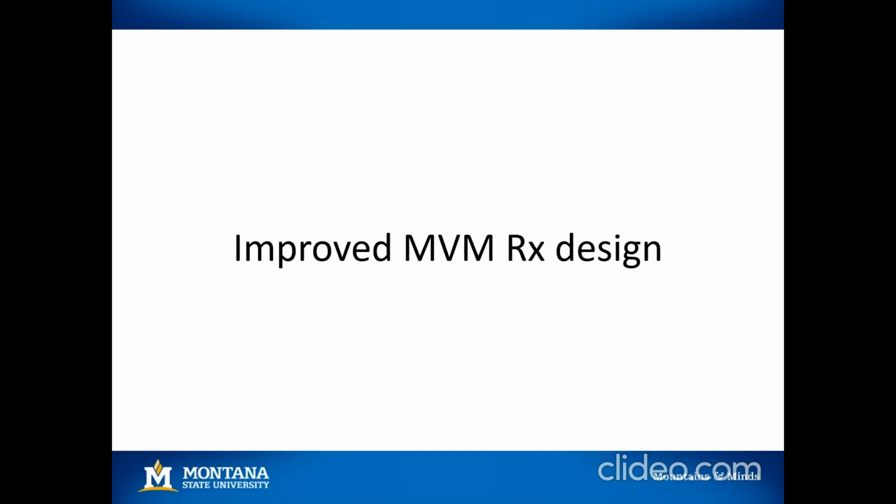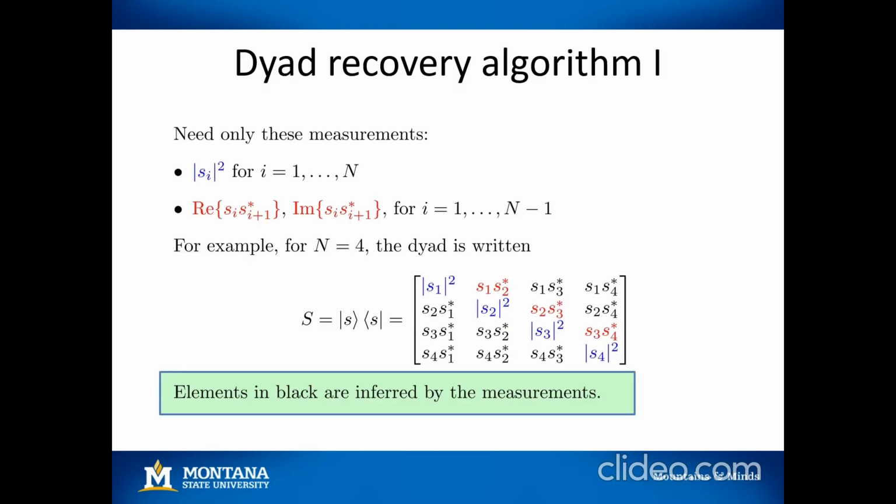I show here the improved receiver design, where we take into account the interdependency of Stokes parameters in order to reduce the number of measurements. But now we have measured only the elements that are shown in color in the diodes. Here I show an example for n equal 4 for a 2-core multi-core fiber. The black elements can be inferred from the elements in color.